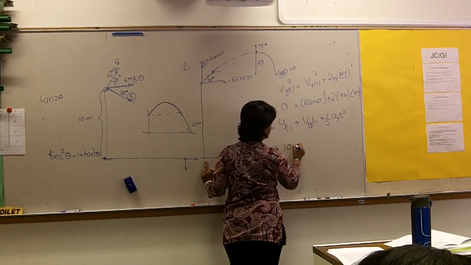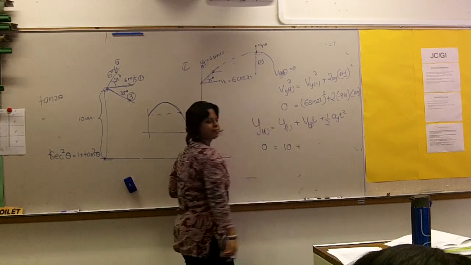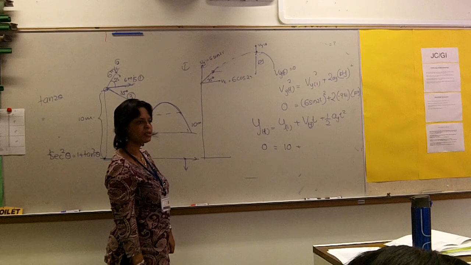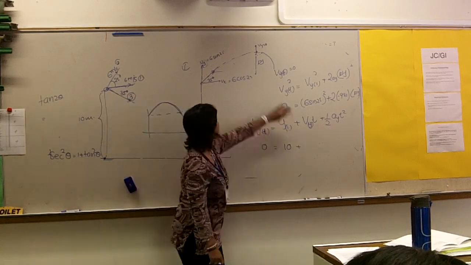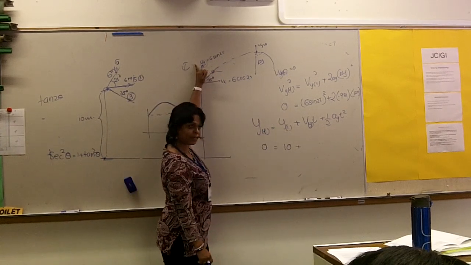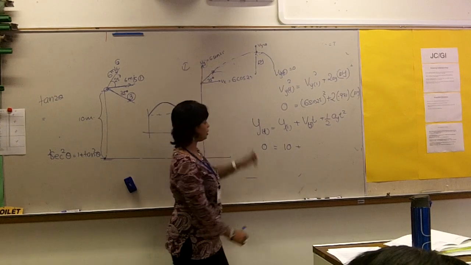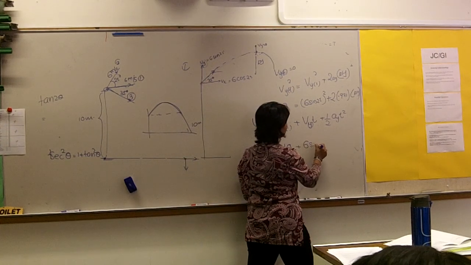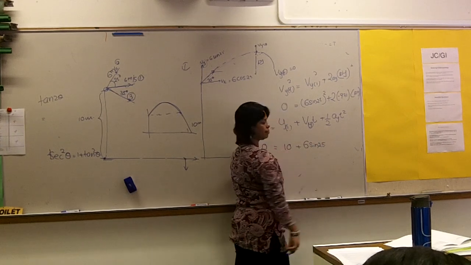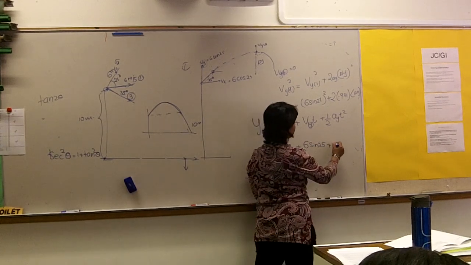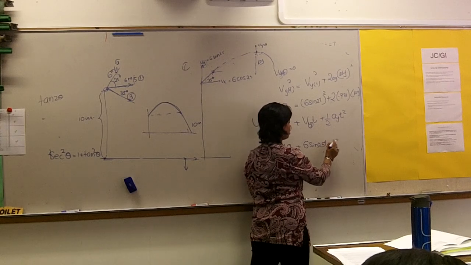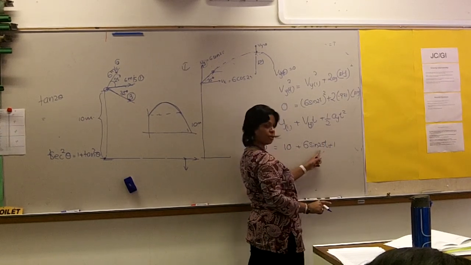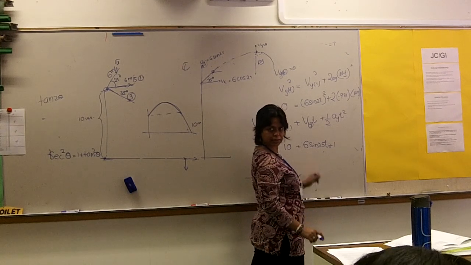What is Vy? Do we have a Vy component? Yes, because it's initially 6 sine 25, right? Is that clear here? 6 sine 25 plus whatever value t here, okay? Guys, you need to recognize that you are going to find the value here using your calculator.